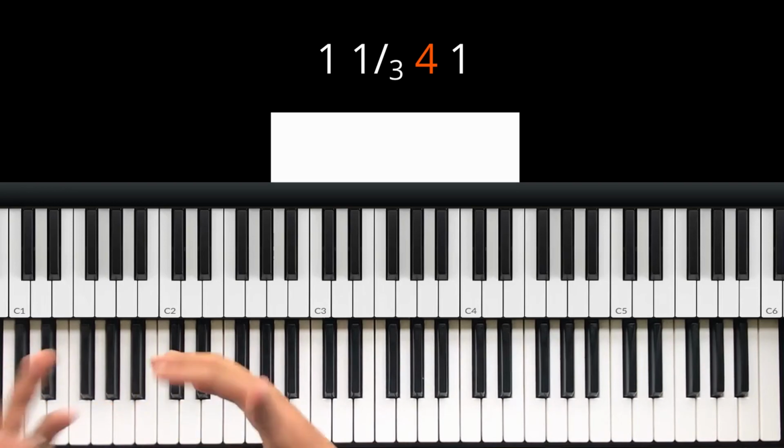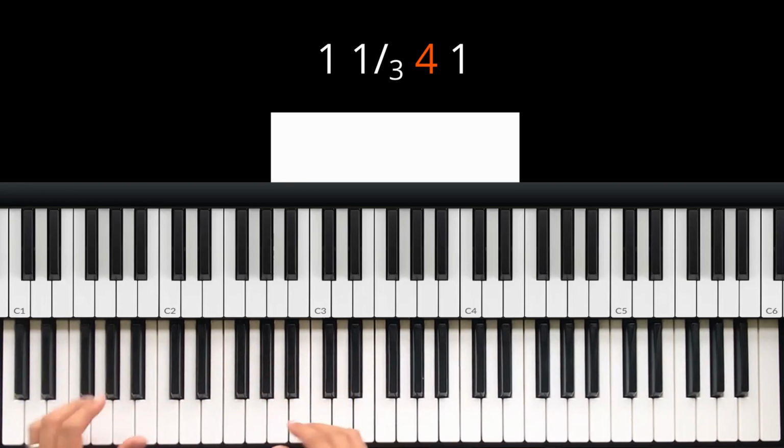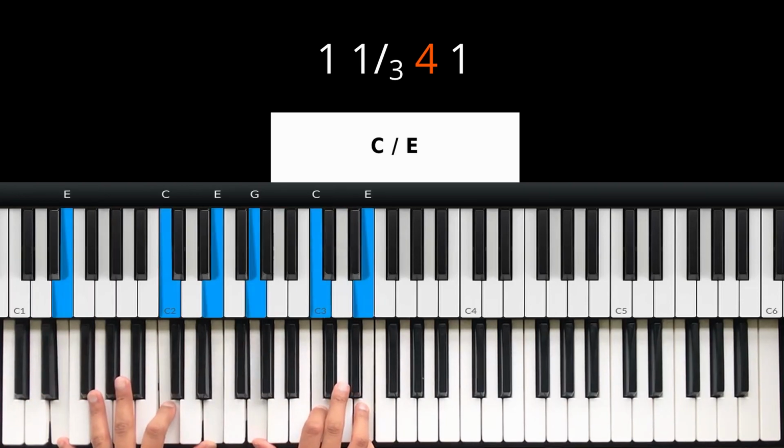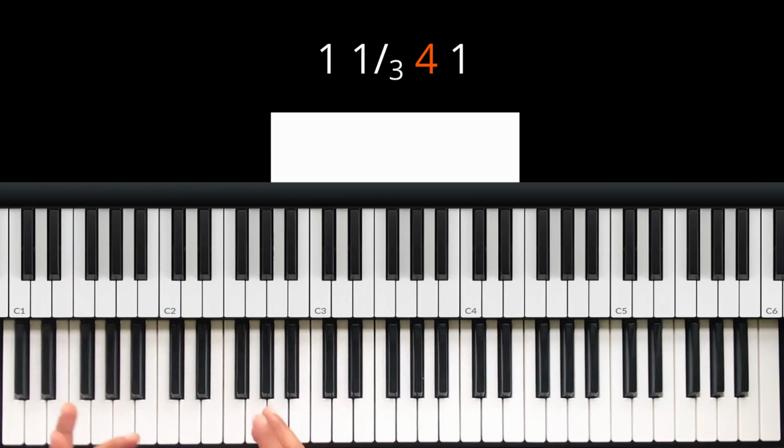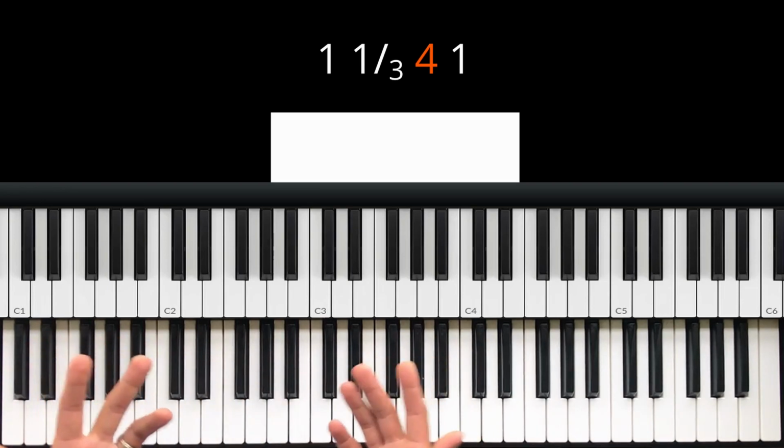So substitutions has a lot to do with your expectations. Okay, so we're expecting to hear that 4 chord. After this, we're expecting to hear the 4 chord. If you switch up that 4 chord, it's going to sound different. It's going to mess with your ear, but it's going to surprise your ear, which can sometimes be a very nice thing. So for example, in that case, if we substitute that 4 for a 2, it will sound different.